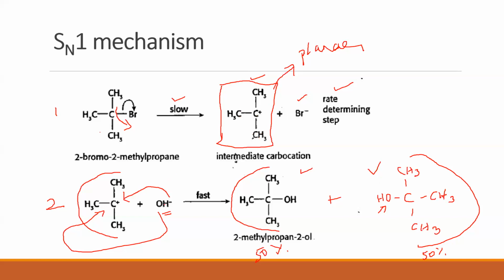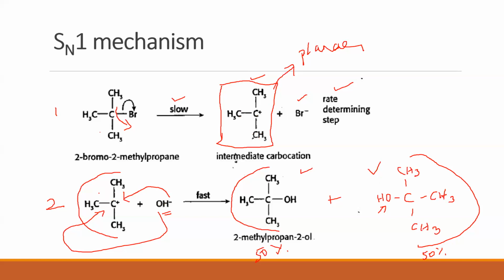The nucleophile can easily attack any side because there is no steric hindrance, there is no disturbance being caused. The nucleophile attacks both the front side and the back side because the carbocation that is obtained is planar in nature.